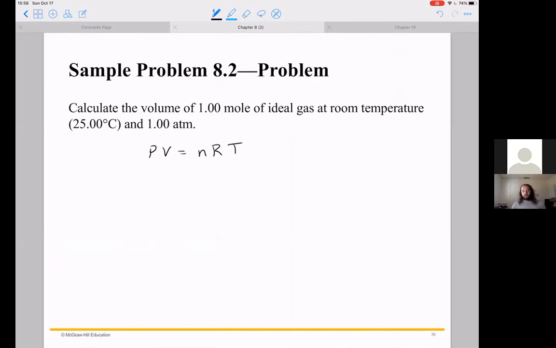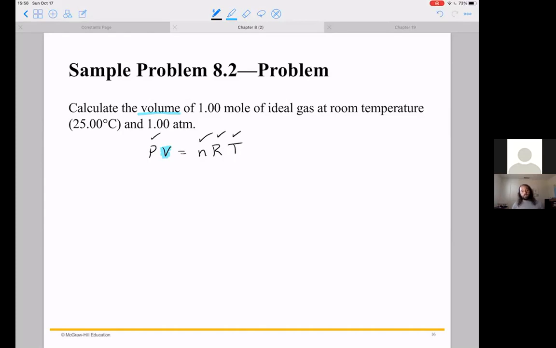Second step with these problems is, what is your unknown? In this case, it's asking us to calculate the volume. So the volume is going to be our unknown variable, which means that the number of moles is given, right? We have the number of moles, we have the temperature, we have the pressure, and we always have R, because R is a constant.